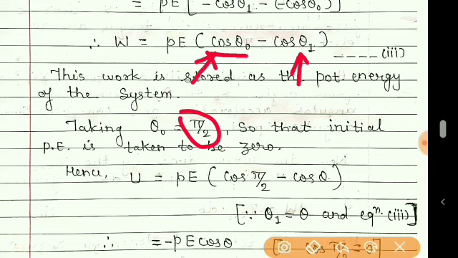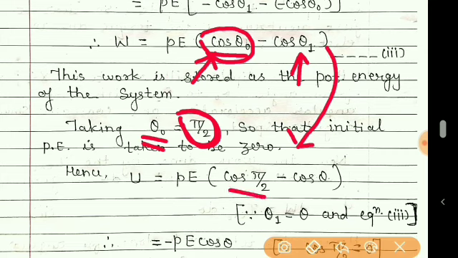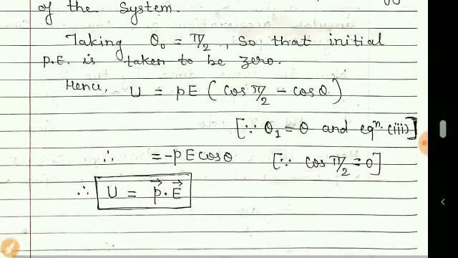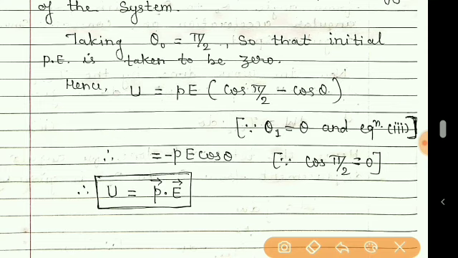So to keep that initial value of potential energy 0, we will take the initial angle as pi by 2, and we know that cos pi by 2 becomes 0. So from equation number 3, if we put the initial angle pi by 2, this term becomes 0, and now only one theta remains.